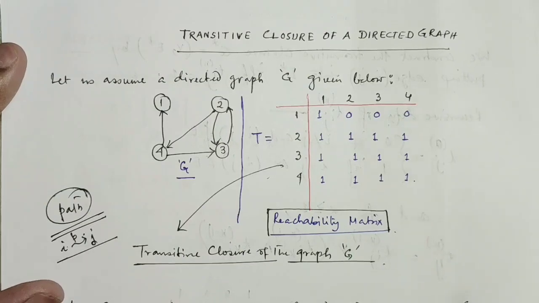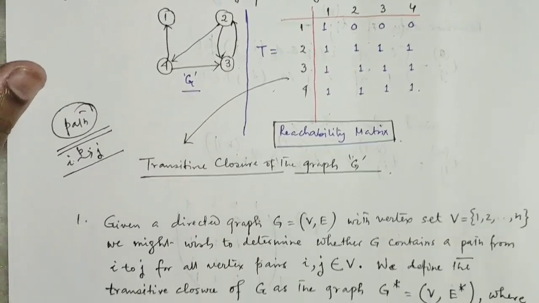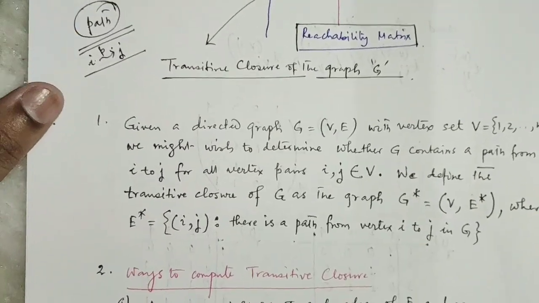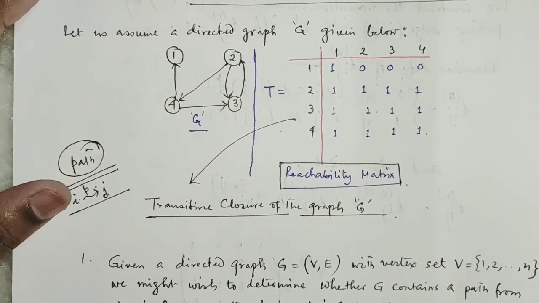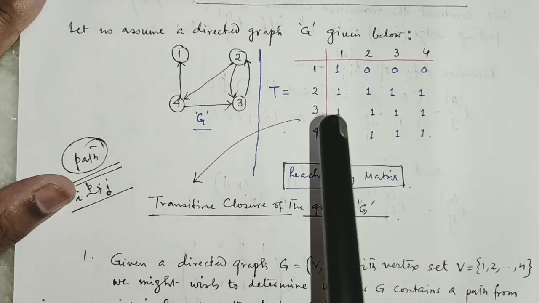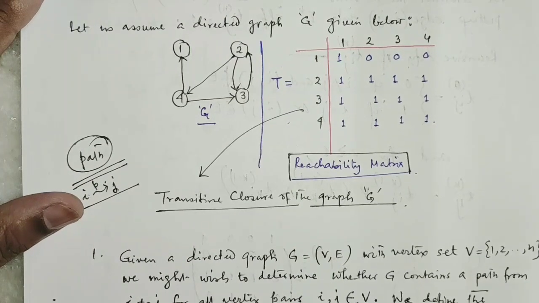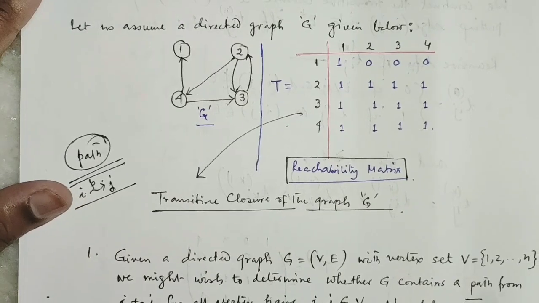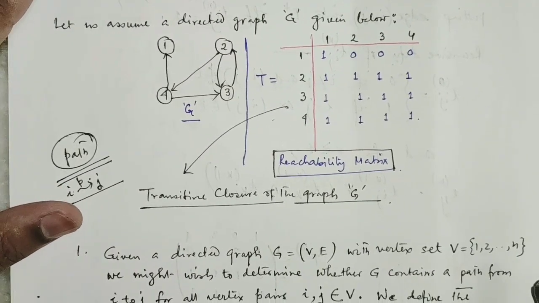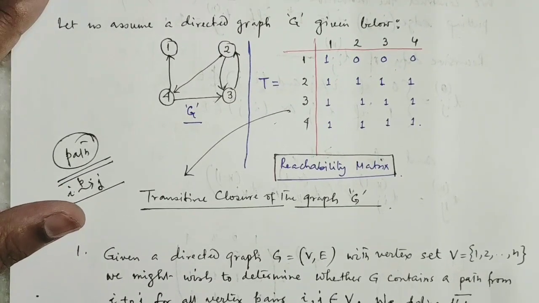Now go to the definition of the transitive closure. I told you, when there is a path you put entry 1, if there is no path you put 0. And path does not mean only a direct path, the path may be a via path also. So anyhow the path should be there. If there is a path you put 1 in the ith row, jth column entry.